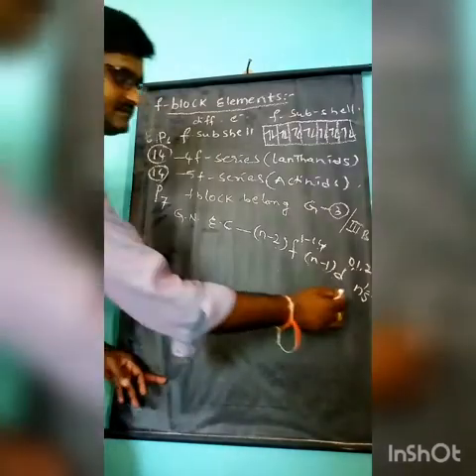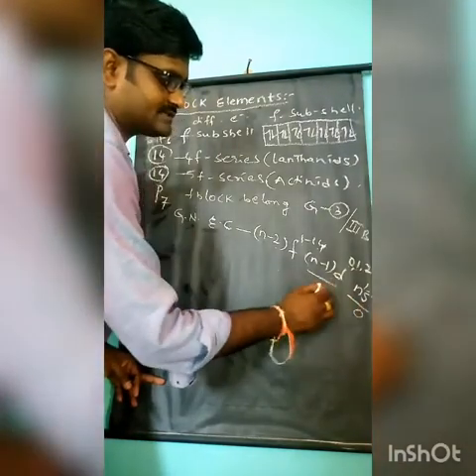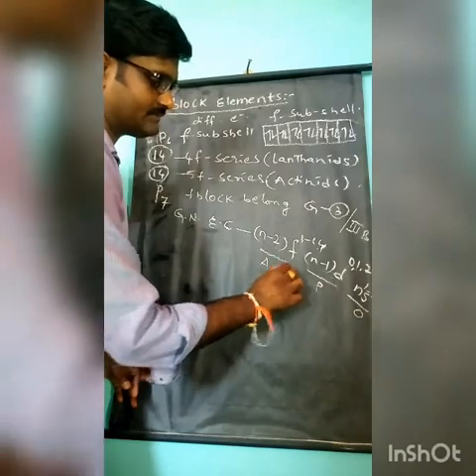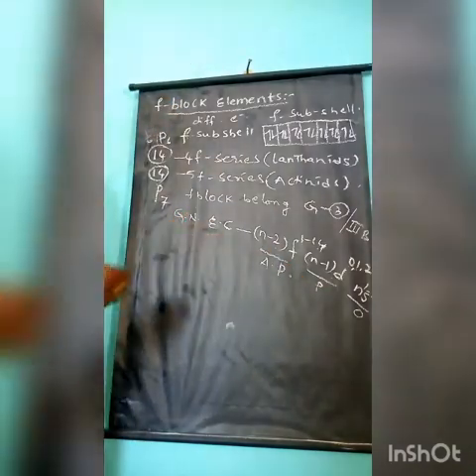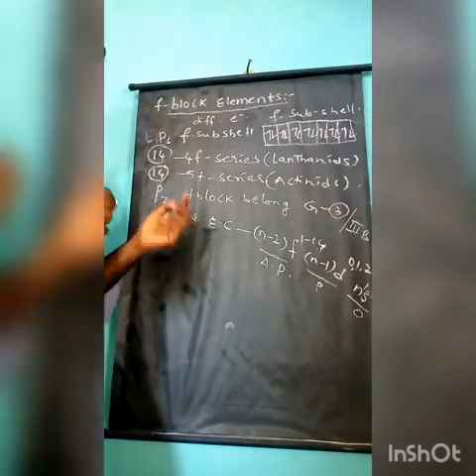Here ns is the outermost shell, (n-1) is the penultimate shell, and (n-2) is the anti-penultimate shell. So this is the general electronic configuration of F block elements.